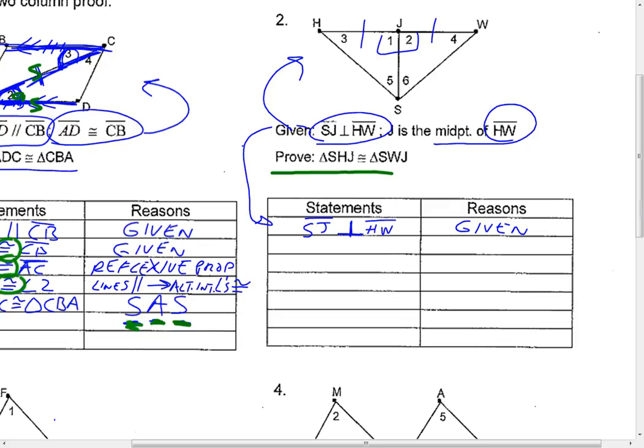So anytime midpoint or bisector shows up, something needs to go into the drawing to show the 2 equal pieces that were created by the cutting in half. That needs to go down here. J is midpoint HW. You can shorten it up a little bit if you want. That's a given.